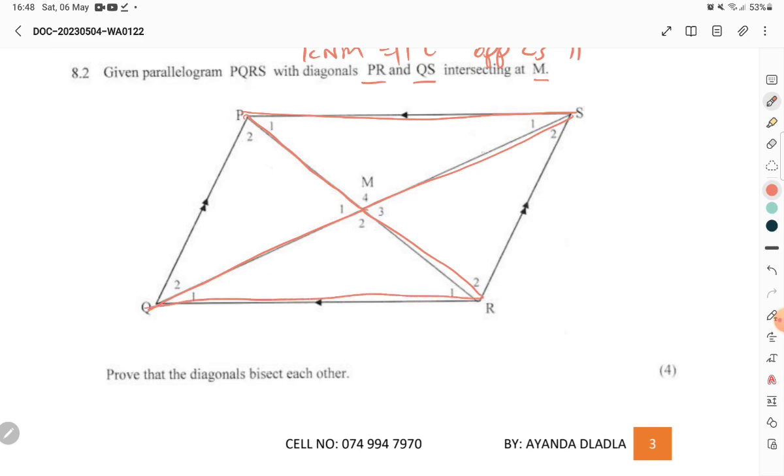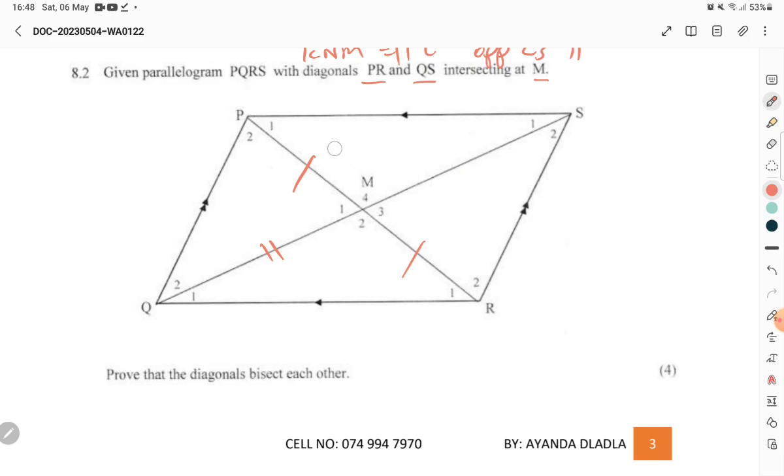It is very important that you take this side PM and also MS, which gives you MQ and MR. I'm just breaking these down so that you see we need to prove this line is equal to that line, which means it is bisected, and this line is equal to that line, which means it is bisected. So we just need to prove those things.